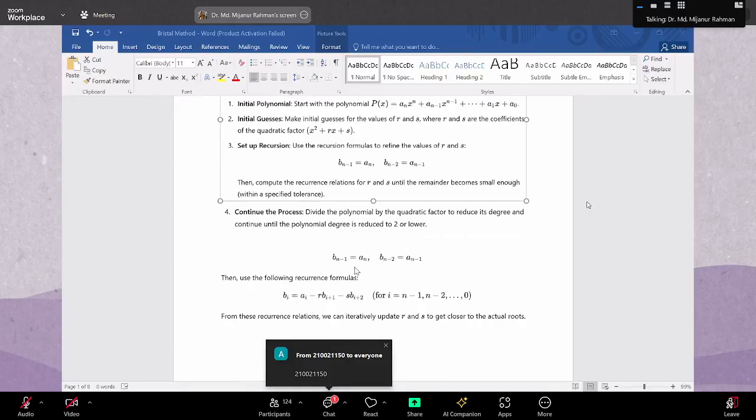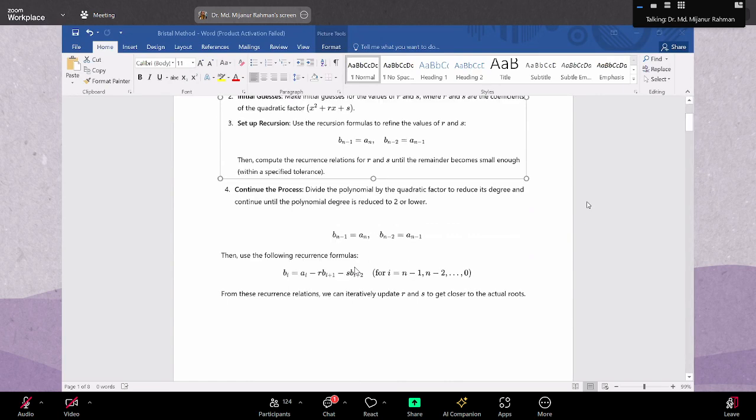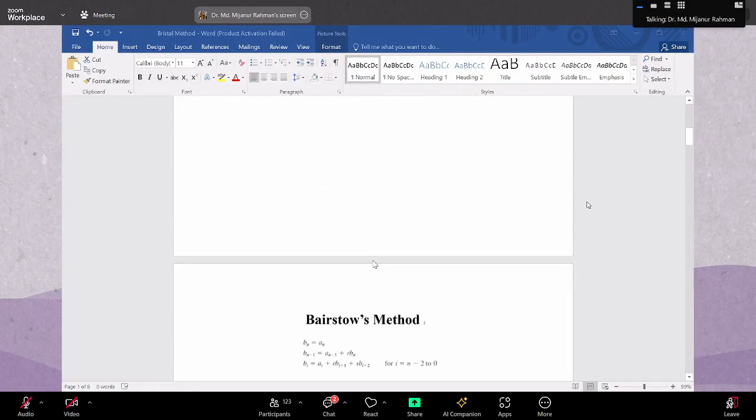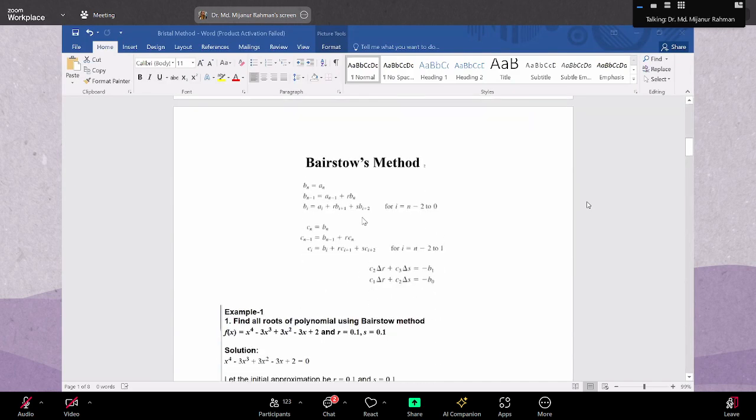So we already know the recurrence relationship between these two equations: b n minus 1 equal to a n, b n minus 2 equal to a n minus 1, and b i equal to a i minus r times b i plus 1 minus s times b i plus 2, where i equals n minus 2 down to 0. From the recurrence relationship, we can determine the value of b when we have the value of a i.